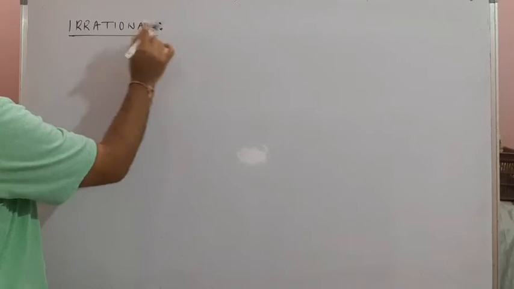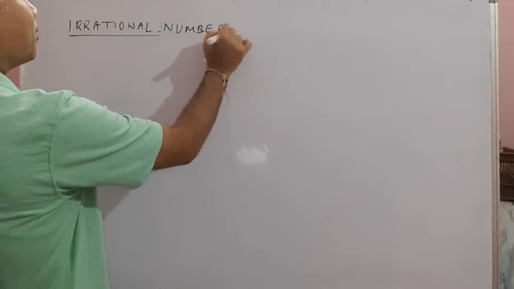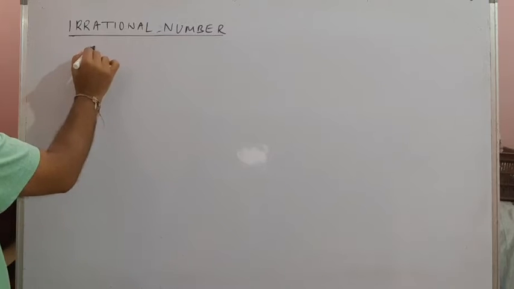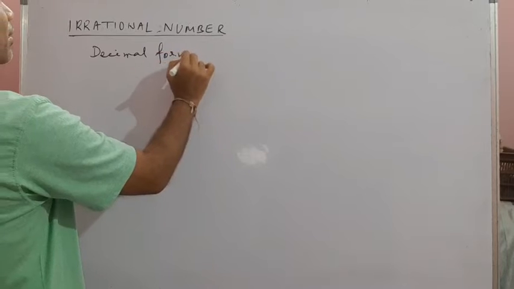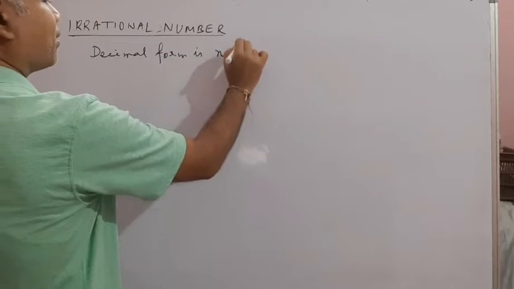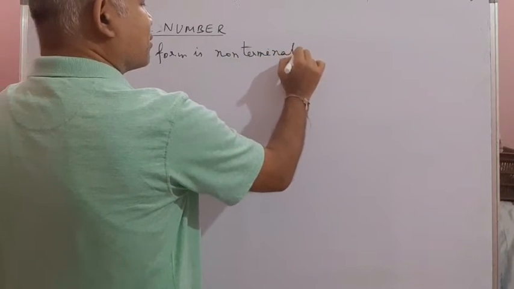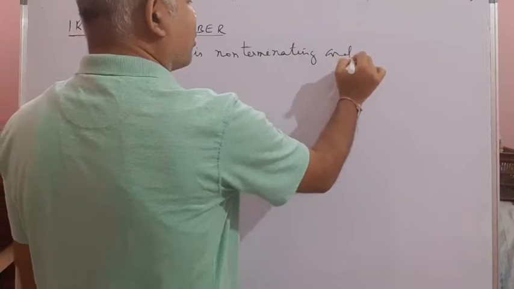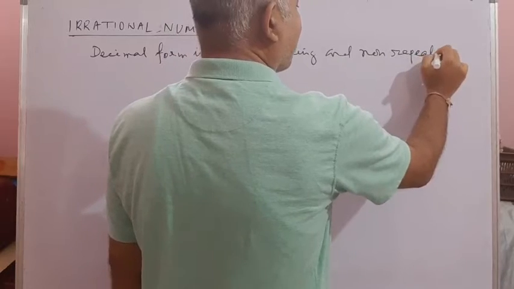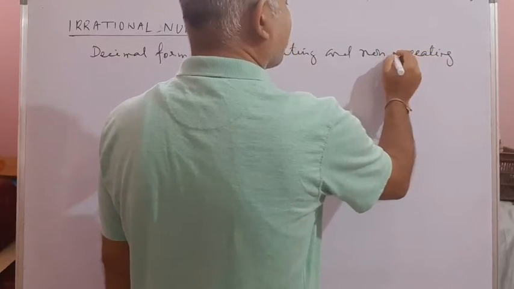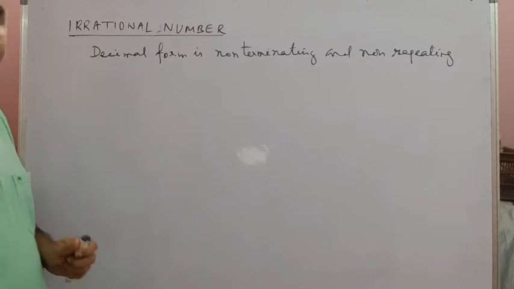An irrational number is a number whose decimal expansion, or decimal form, is non-terminating and non-repeating. It is called an irrational number if the decimal form is non-terminating and non-repeating.